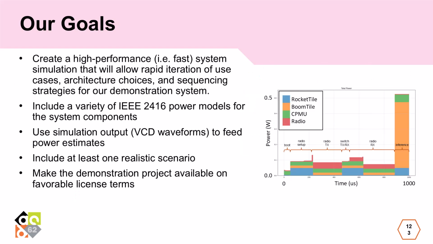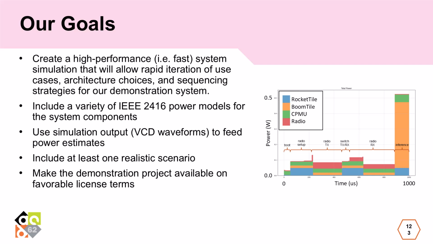A key goal for our demonstration is that it should simulate very quickly. We want to encourage a verification strategy that uses high-level abstract models to run tens or hundreds of thousands of scenarios to make sure that you've covered your functional operating space, and to get power information out of those same simulations so that you don't have to do a separate analysis to look at power.